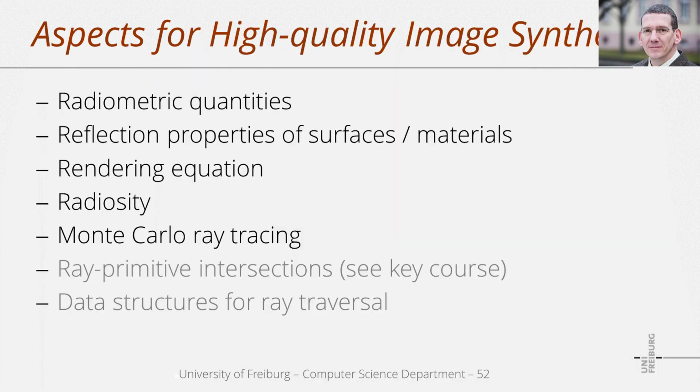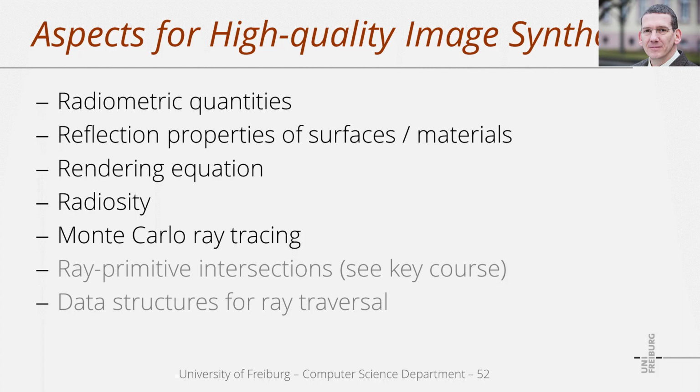Throughout this presentation, I've discussed various aspects that are relevant for high-quality renderings. And these aspects are actually the focus of this course. First of all, I will discuss how to work with radiometric quantities in order to describe light that moves along rays, or in order to describe the illumination strength of a surface element. Using these radiometric quantities, we will see how to describe reflection properties of surfaces.